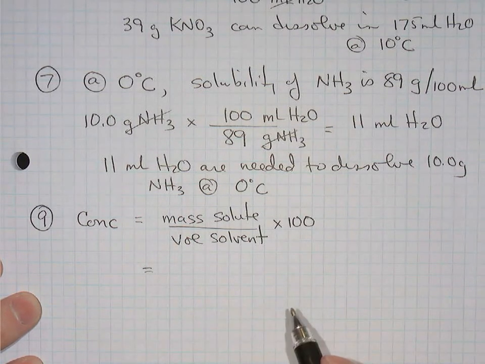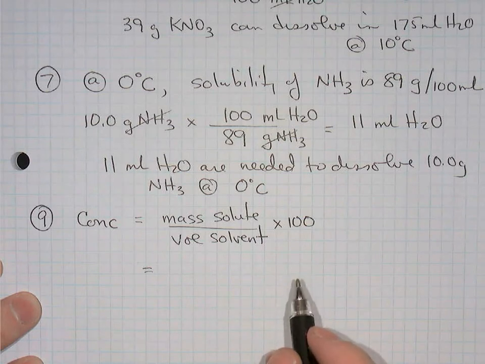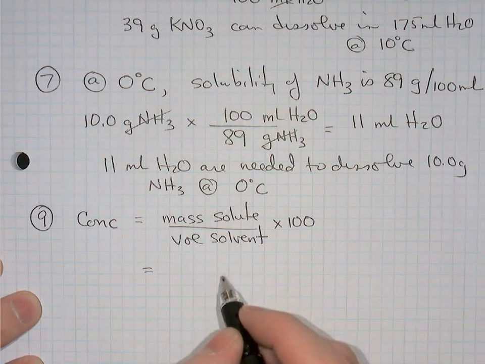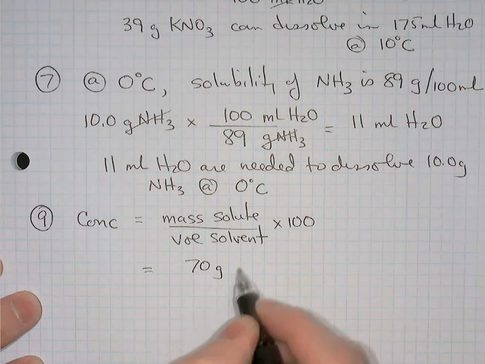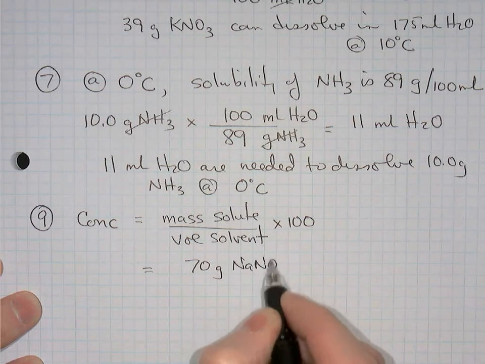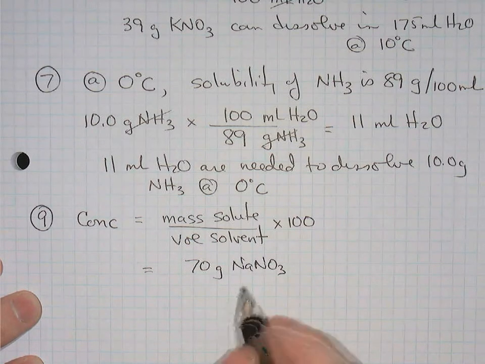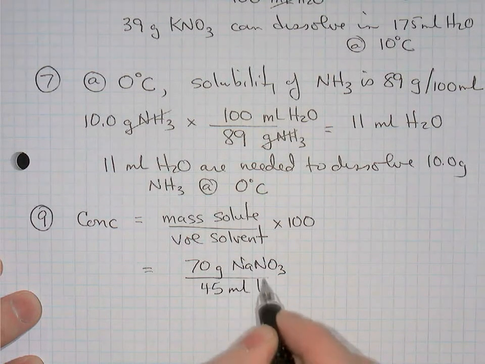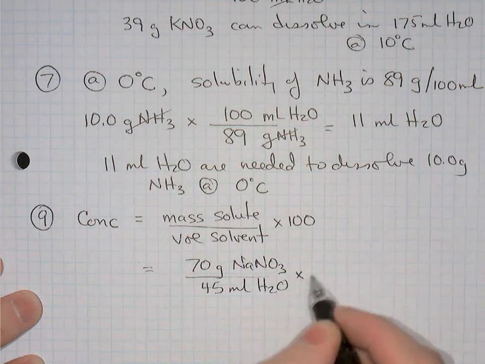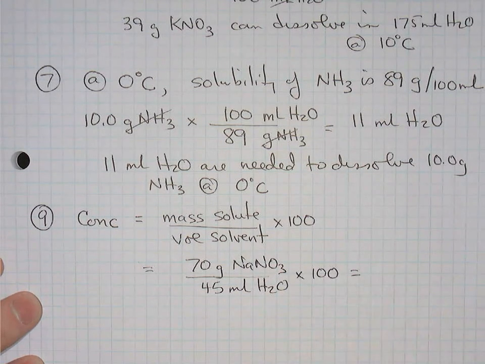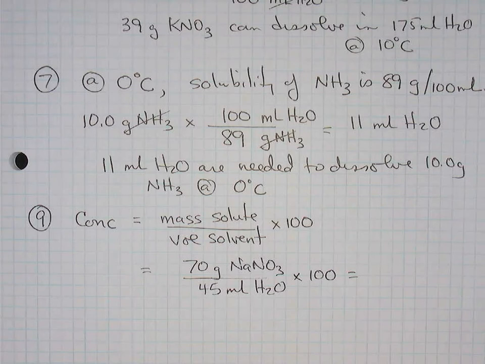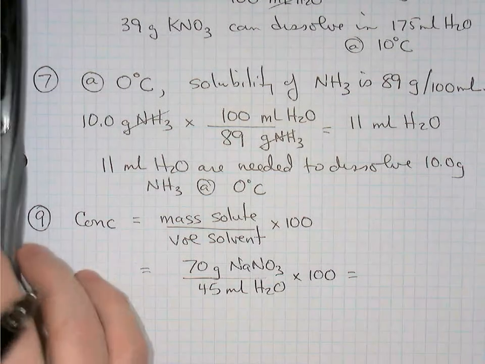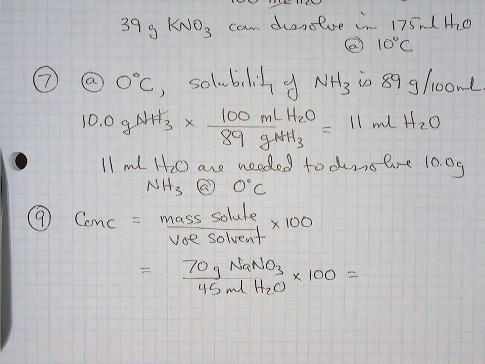So if we think about the solution the student was making, they had 70 grams of sodium nitrate, and they were trying to dissolve that in 45 milliliters of water times 100, so that our answer will be in grams per 100 milliliters rather than just grams per milliliter.